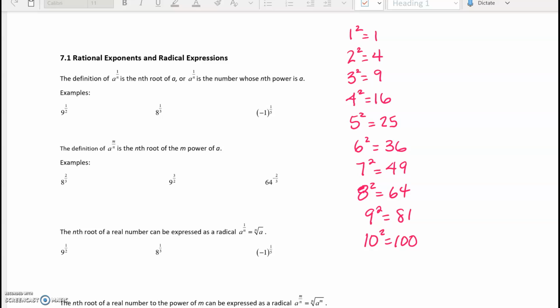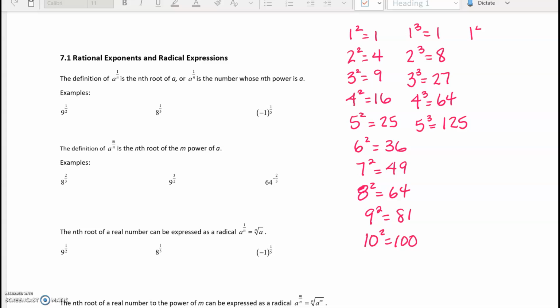But I also want to look at some perfect cubes. And again, 1 cubed is 1. 2 cubed is 4 times 2, which is 8. 3 cubed is 3 times 9, which is 27. 4 cubed is 64, and 5 cubed is 125. And notice I'm not going to go much further than this because I don't really think we're going to need to get the job done.